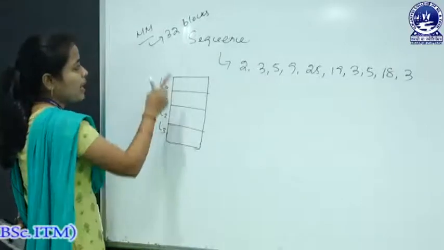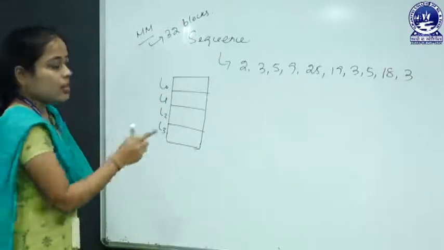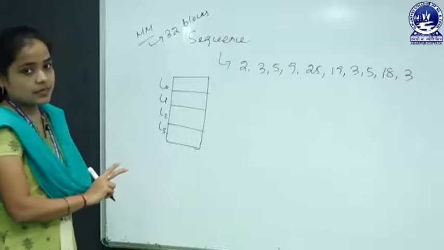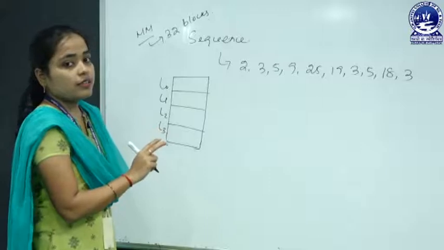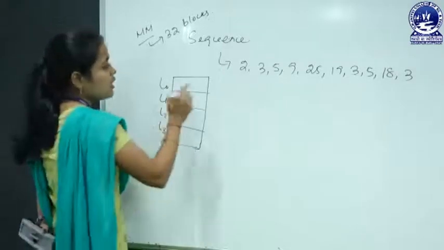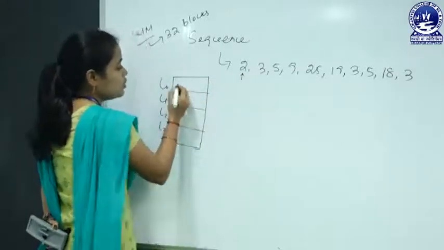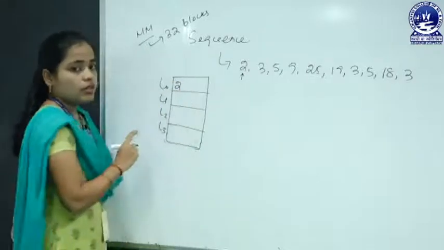So you have to map those 32 blocks into these 4 lines, and this is the requested sequence by the CPU. Okay. So first one is 2, so you have to place 2 in L0.